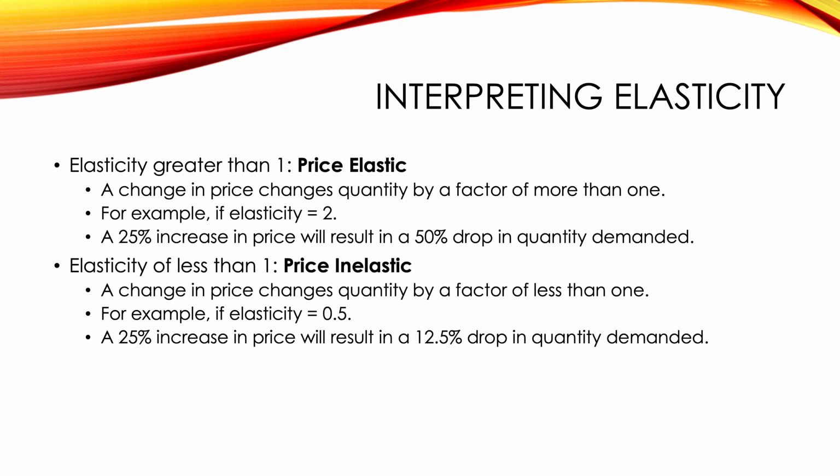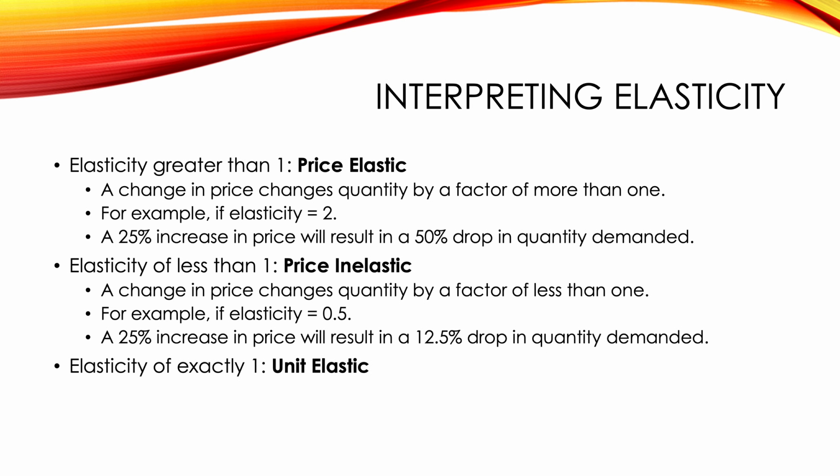Do you see how these numbers work, right? A 25% increase results in a decrease of half the percentage. And remember, your answer is going to be greater than zero because we always take the absolute value of price elasticity of demand. So it's either going to be greater than 1, less than 1, or equal to 1.